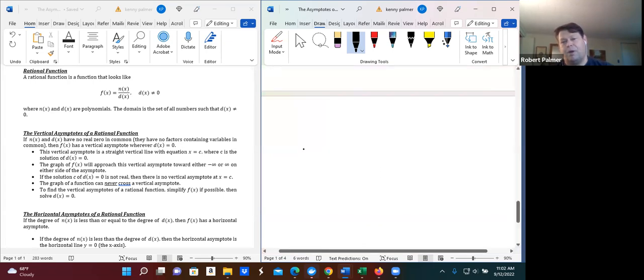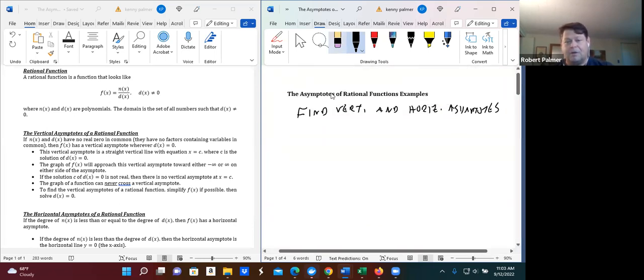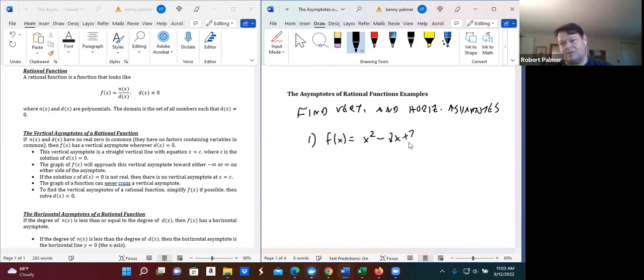All right, number one, let's say we have this. f of x is equal to x squared minus 8x plus 7 over x squared plus 7x minus 8.